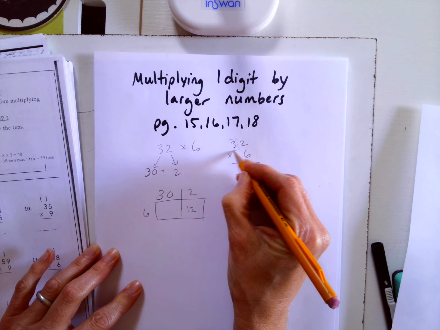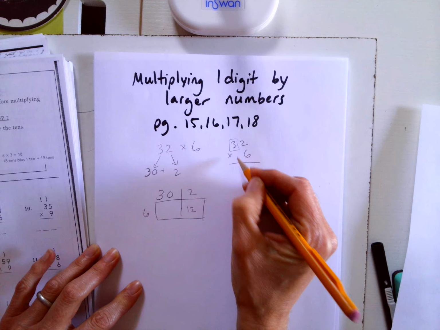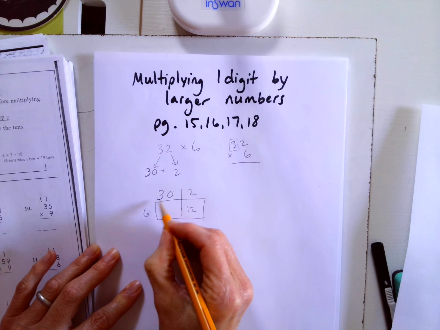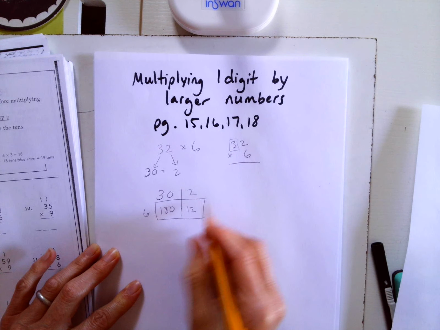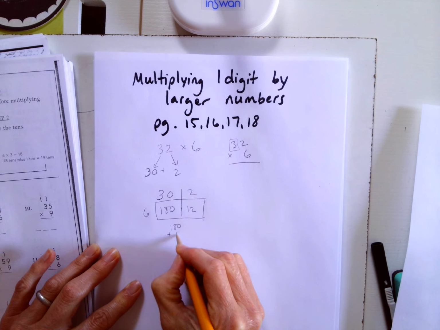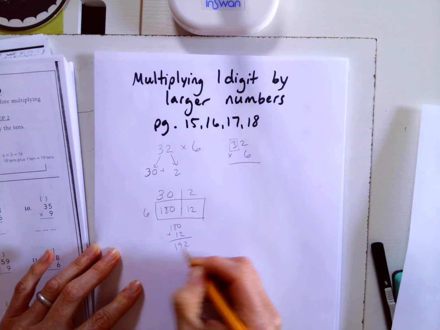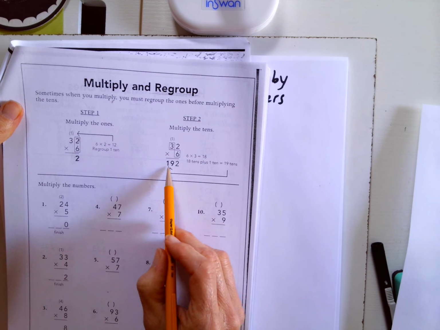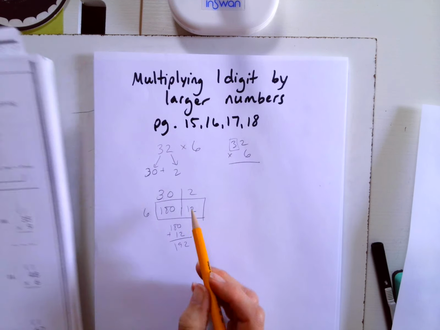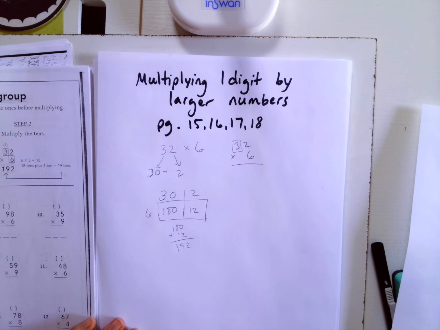But remember, this isn't really 3. It's really 3 tens, which is 30. So 6 groups of 30 will be 180. And then if I add those together, 180 plus the 12, I get 192, which is still what I have here as well, 192.